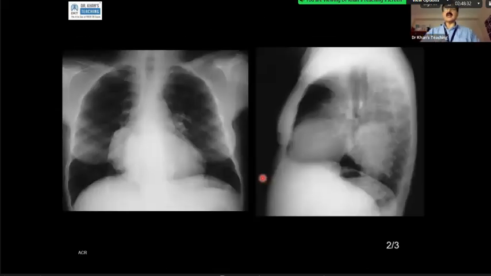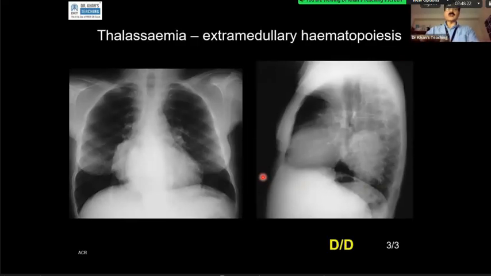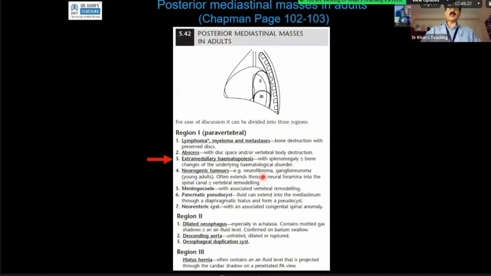So they can still show you a lateral chest X-ray. Please remember this, that in the exam, they can still show you a lateral chest X-ray. The learning point is that if you open your Chapman and revise the position of mediastinal masses, on a lateral chest X-ray we are quite good at discriminating.